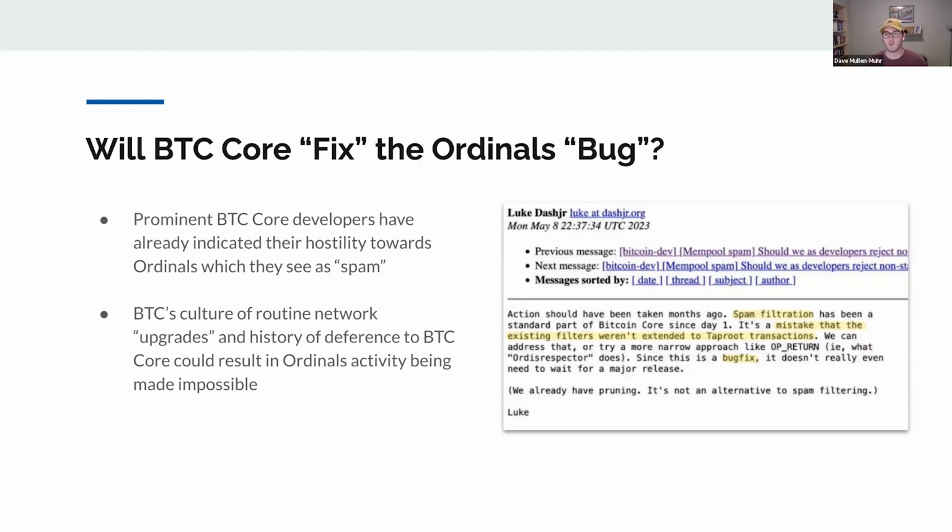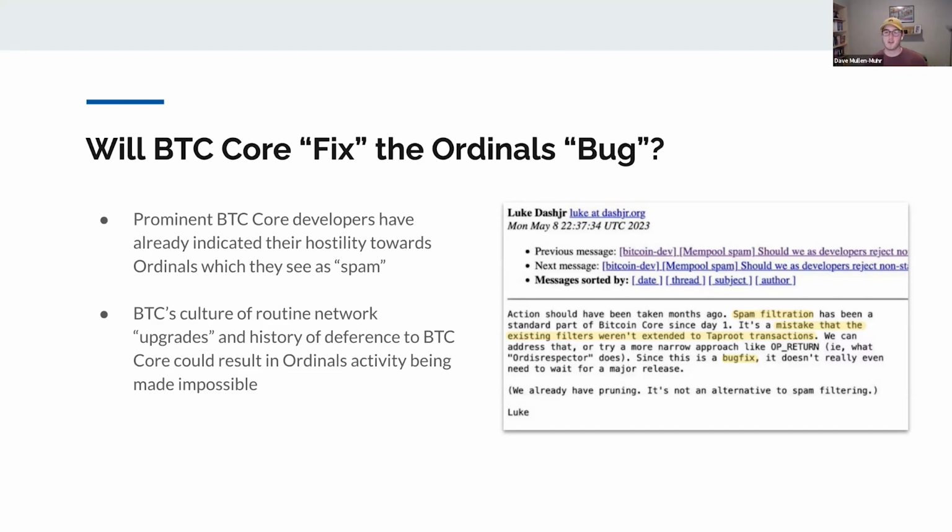So this email from Luke Jr., who's probably the most influential BTC Core developer, he says, action should have been taken months ago, referring to Ordinals. Spam filtration has been a standard part of Bitcoin Core since day one. And it's a mistake that existing filters weren't extended to taproot transactions, which again is how Ordinals are putting data on chain.